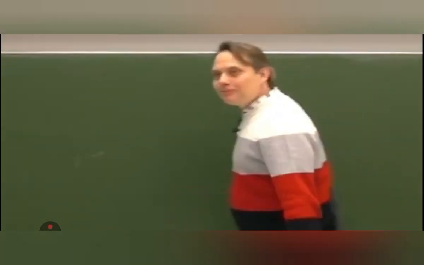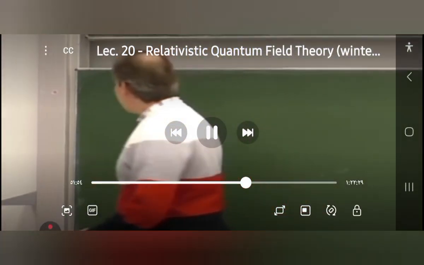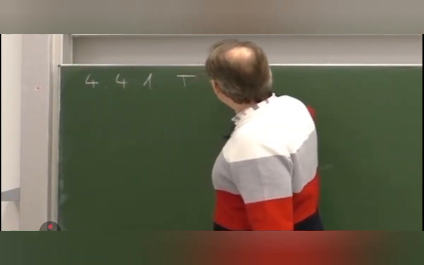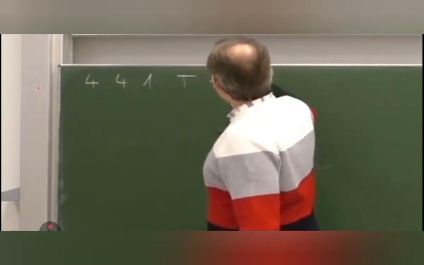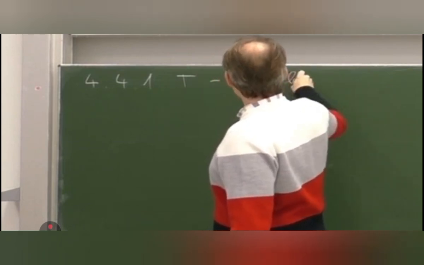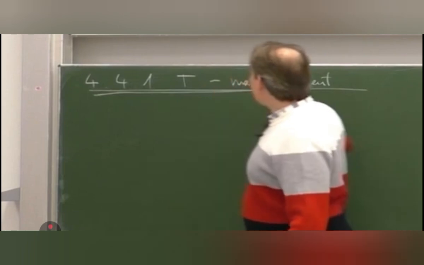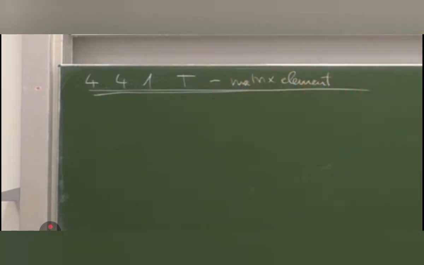So now we are hopefully motivated, and let us look at the process in QED, and for that we need to start in the same order as for the previous process. We first look at the T matrix element, in other words, at the probability amplitude for the process happening.